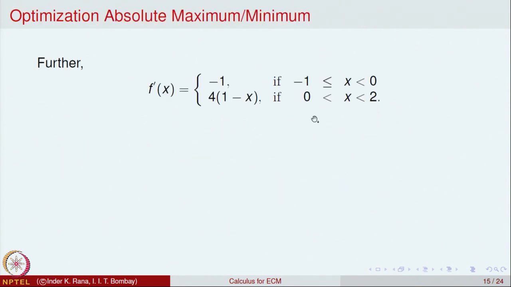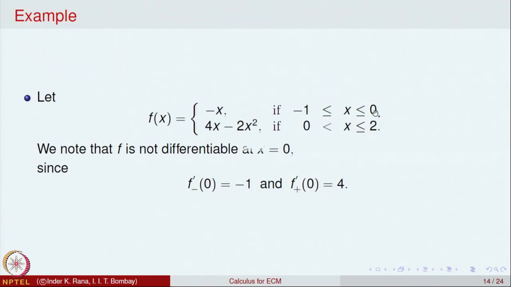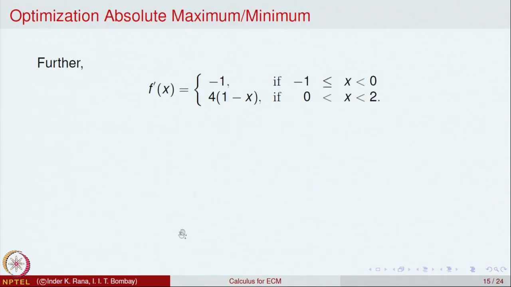And in the open interval 0 to 2, the function was defined as 4x minus 2x square. So, the function is again differentiable and the derivative is 4 minus 4x. So, the derivative function is minus 1 for minus 1 less than x less than 0, and it is equal to 4 times 1 minus x if x is between 0 and 2.